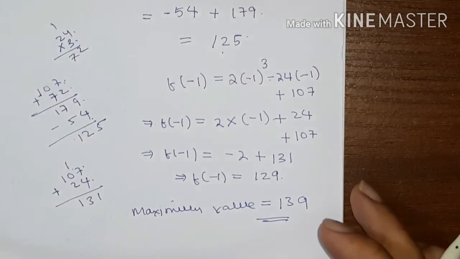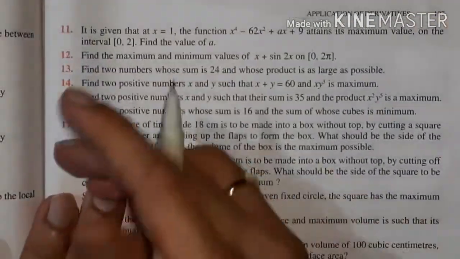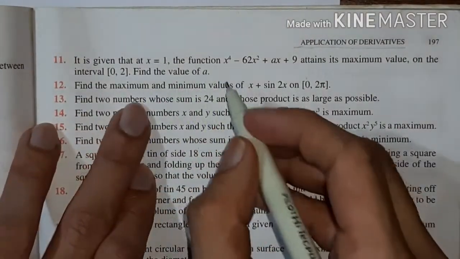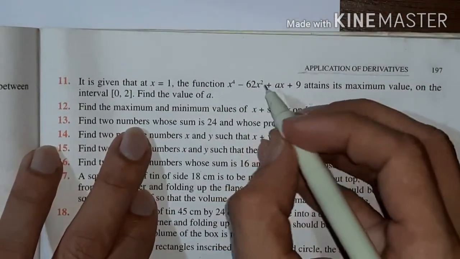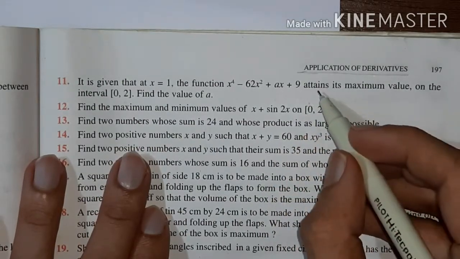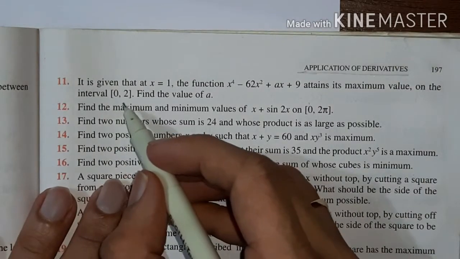Now let us go to the 11th problem. It is given that at x equal to 1, the function x raised to 4 minus 62x square plus a times x plus 9 attains its maximum value on the closed interval 0 comma 2.